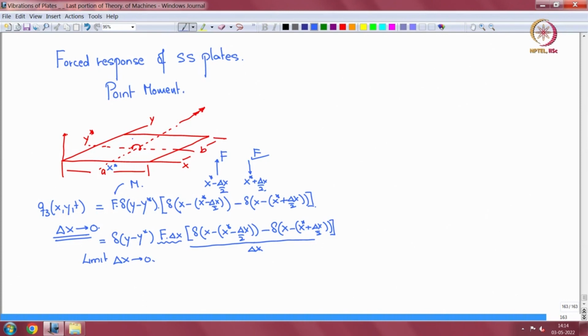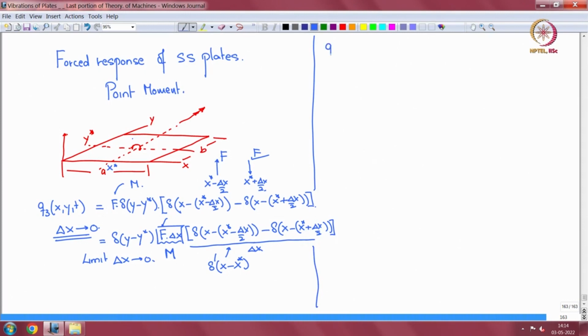Now as delta x tends to 0, I will adjust the force magnitude such that this ends up as the moment strength I want. And this term is the derivative of the delta function at x star. So how does it look finally?